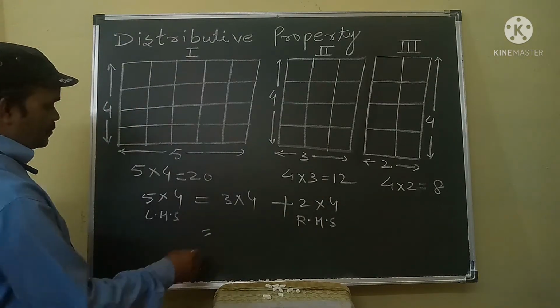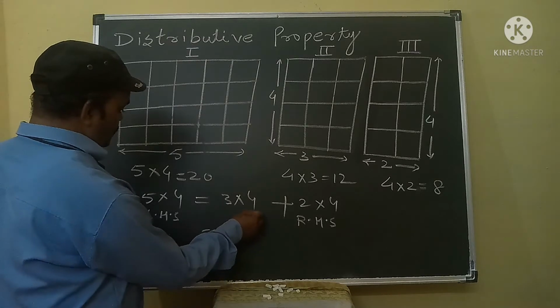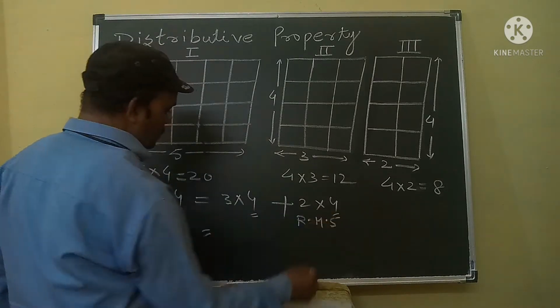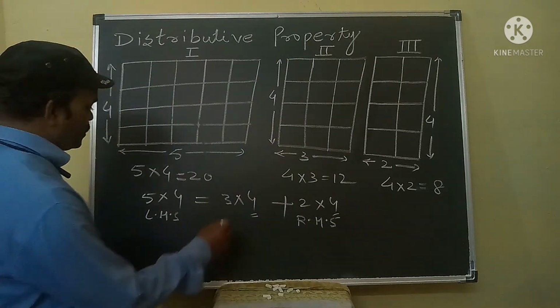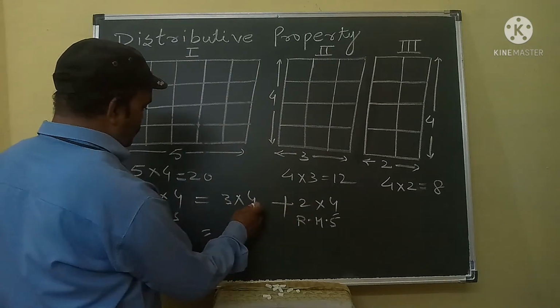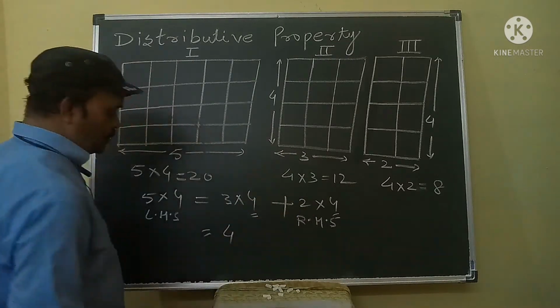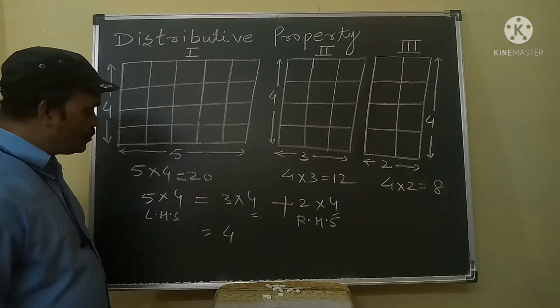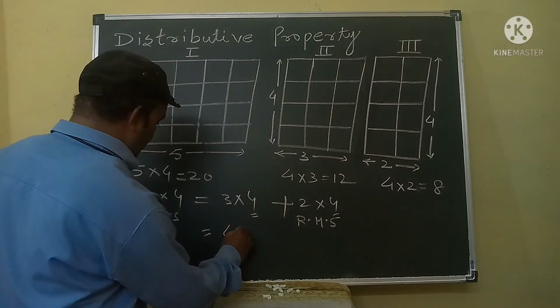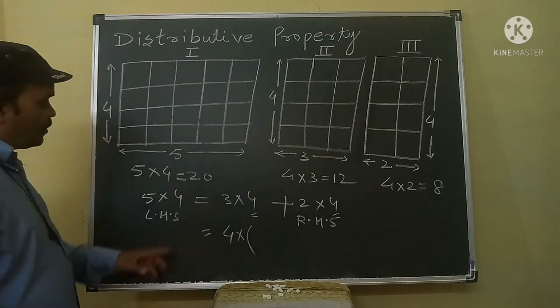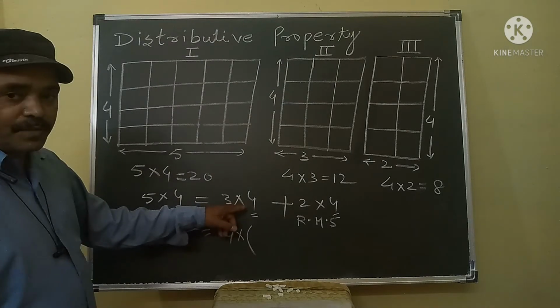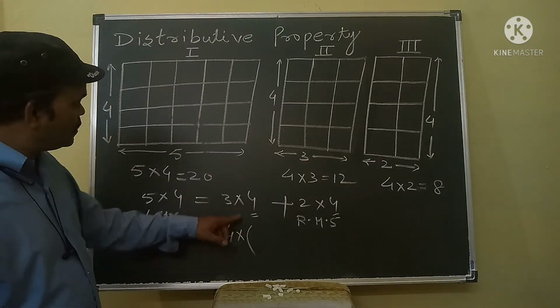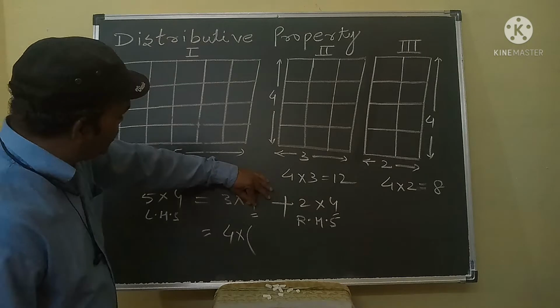As you are looking in RHS, this is 4, this is 4. Okay. We can take out the common 4. After taking out the common 4, which number is remaining?